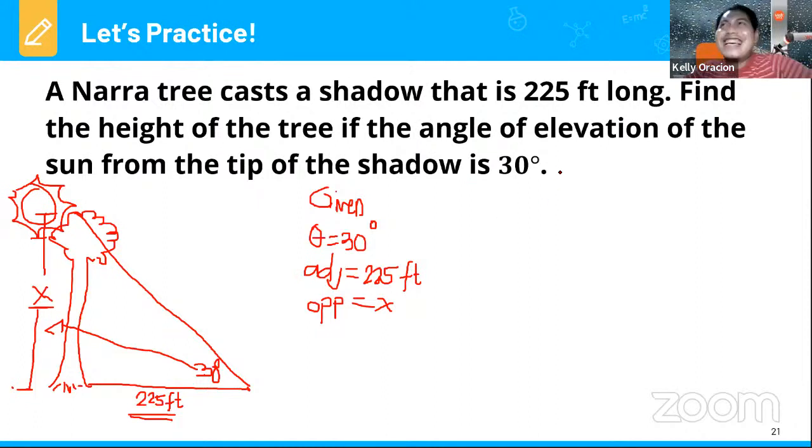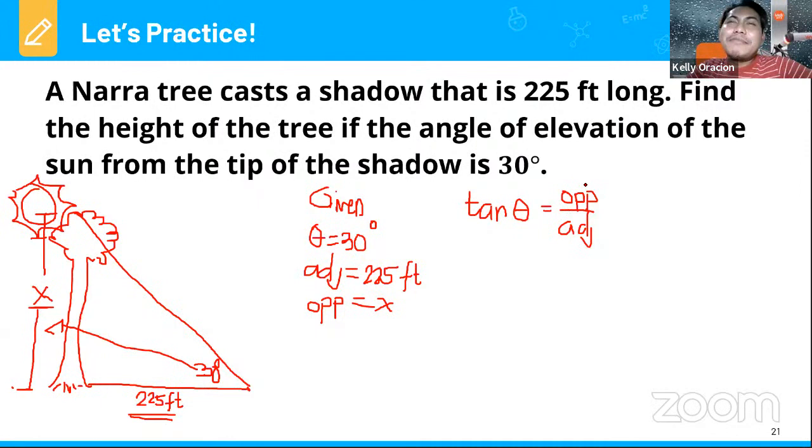Uy, charot lang. Okay, sige. Let's use tan. Tan is TOA, it's opposite over adjacent.